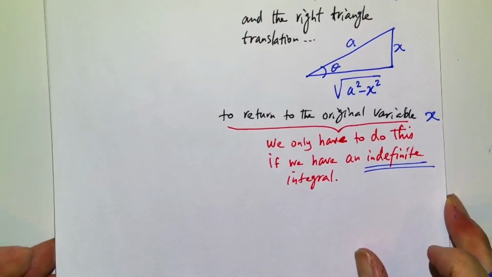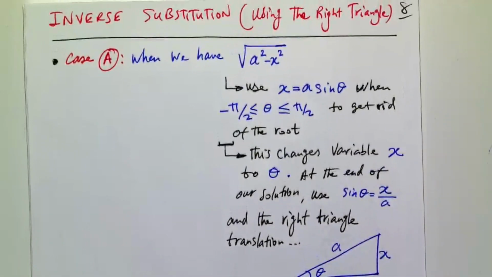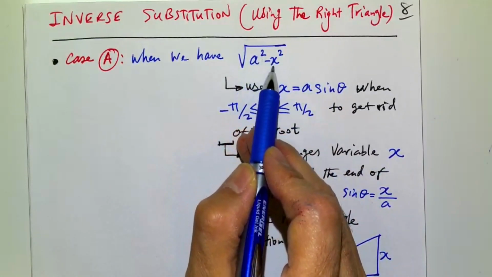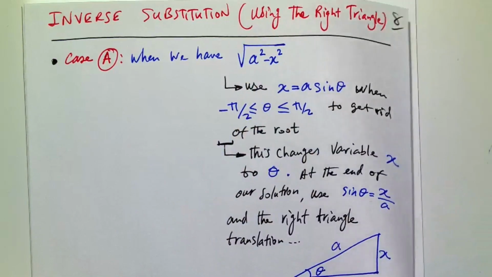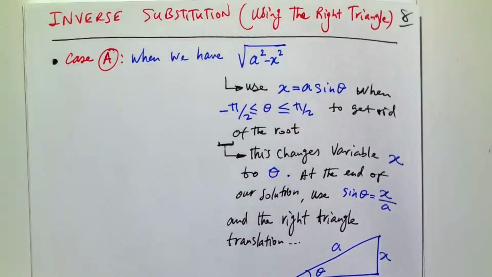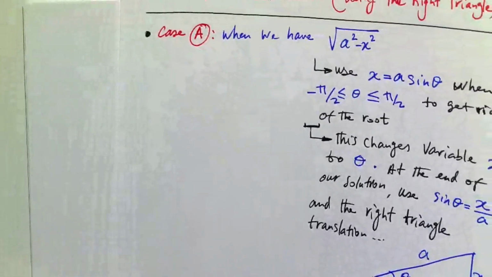Okay? So let's call this case A, when we have square root of some constant squared minus x squared. We have also case B and C. So let's go through those two other cases before we see an example. I think that's a better approach here.